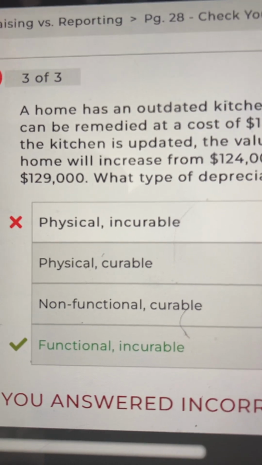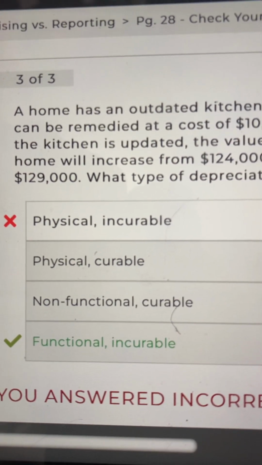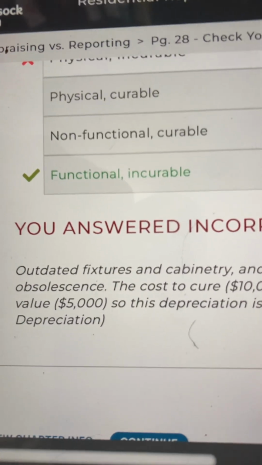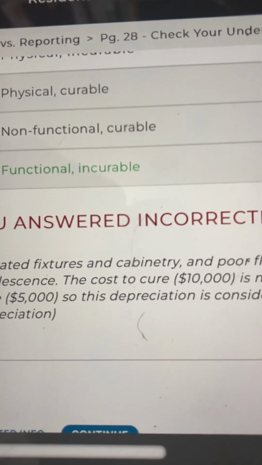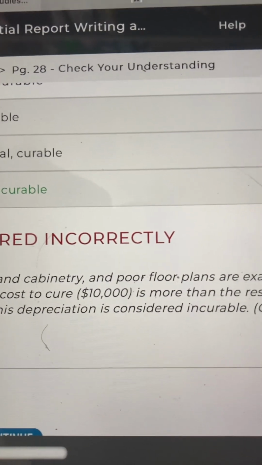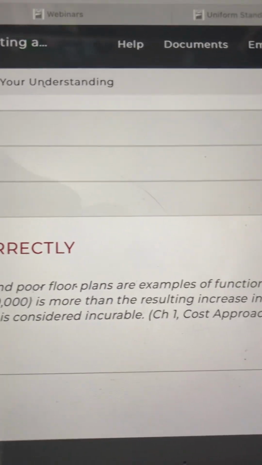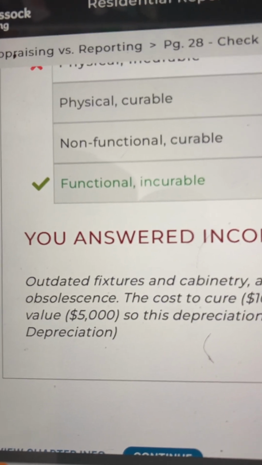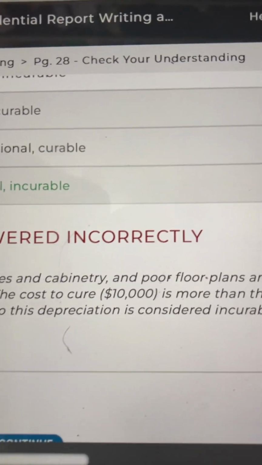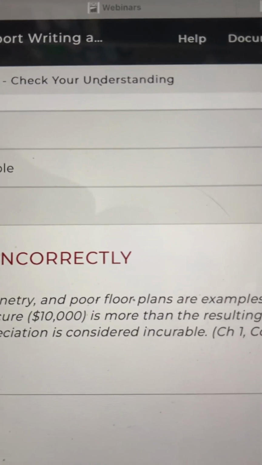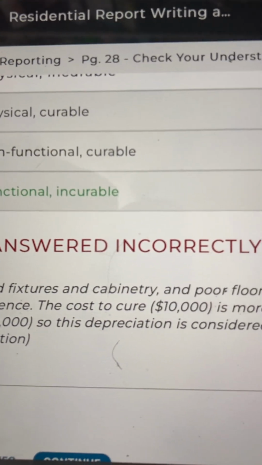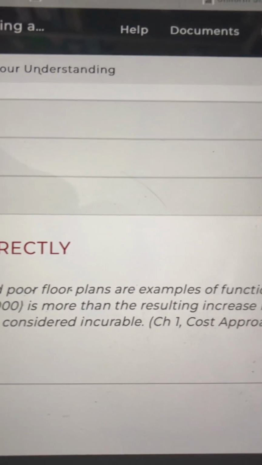The correct answer was functional and incurable. Outdated fixtures and cabinetry and poor floor plans are examples of functional obsolescence. The cost to cure, $10,000, is more than the resulting increase in value, $5,000.